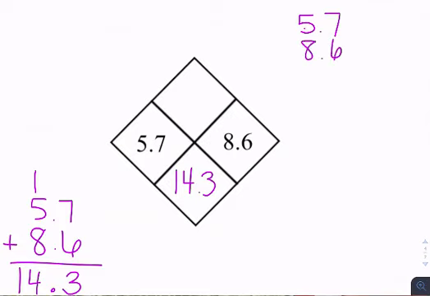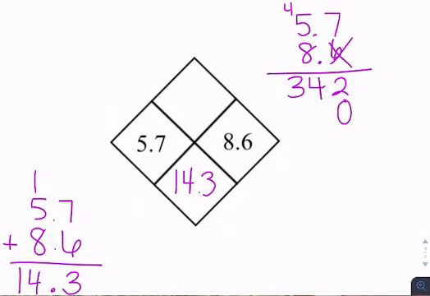I'm just going to pretend like my decimals are not even there, and I'm going to make them stand out just a little bit more. There we go. I'm going to pretend like they're not there, and I'm just going to multiply it like normal. So 7 times 6 is 42. Put the 2 down, carry the 4. 6 times 5 is 30, plus 4 is 34. Now I'm done with my 6. Put a 0 down. 8 times 7, 56. Put the 6 down, carry the 5. 8 times 5 is 40, plus 5 is 45.